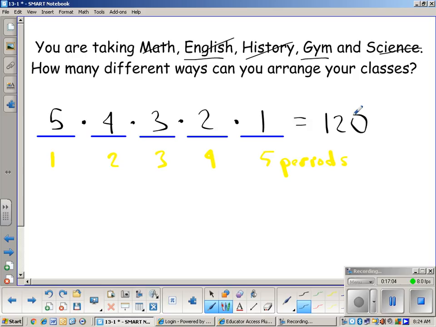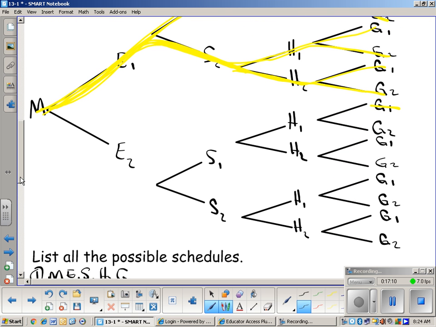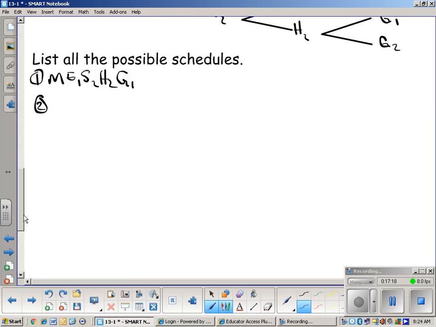The difference is, if I go back to that page, instead of choosing classes like this, we choose periods. So first period I would have 5. Let's go down here. So I'd have periods here. Period 1.